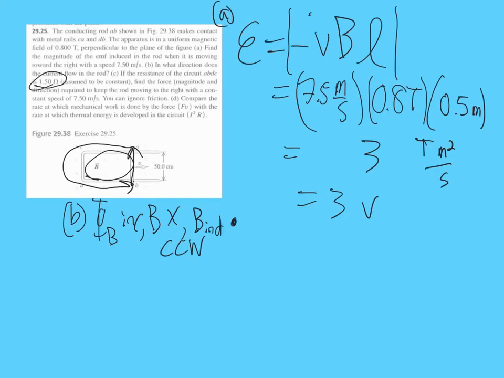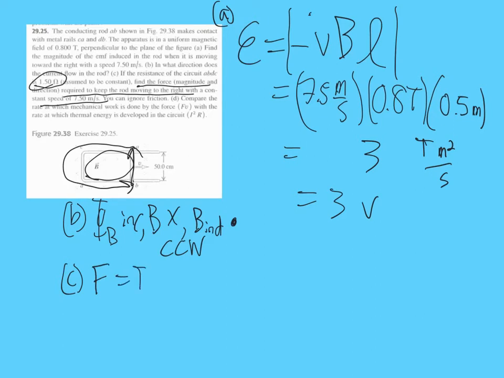Okay. Now, for C, they say that if we assume the resistance is constant, okay, they don't know the force that it takes to move it along there. Well, this is kind of an interesting problem, because we're taking this bar, a whole set of charges, and we're moving it through a magnetic field. Well, the force on a current carrying conductor, we know that.